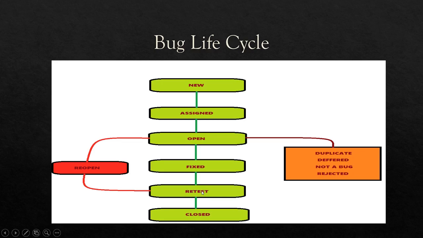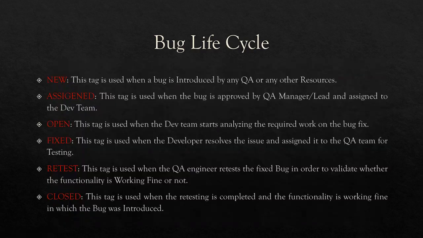Then if it is fixed, they generally move it to the closed section, and if it is not fixed as per the expectation, they generally put it in a status like reopen and again open the bug, and the same process will repeat till the bug is fixed. So this is known as bug life cycle.